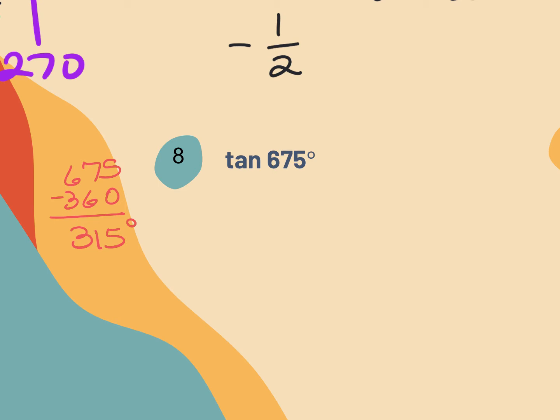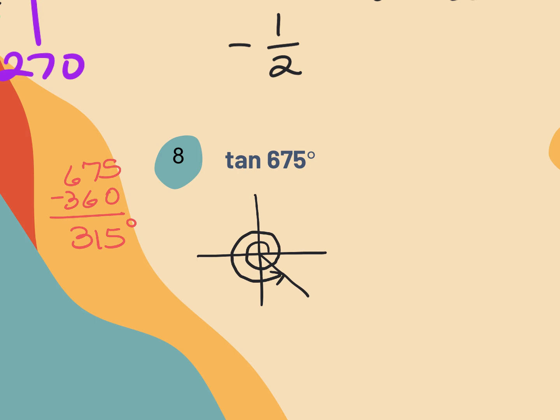So let's go ahead and draw this. We could draw the original one, and I could also show you that its coterminal angle is the 315. To do 675, you're going to go around a full circle and then 315 degrees more.